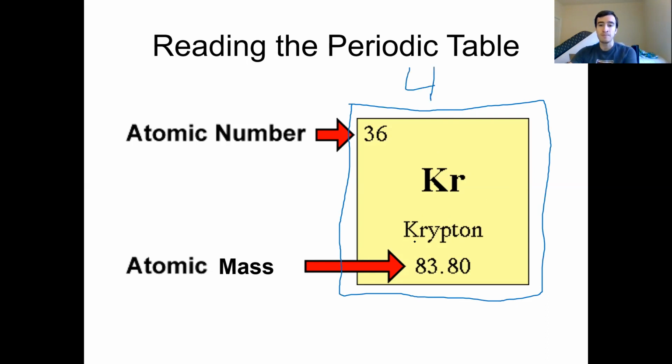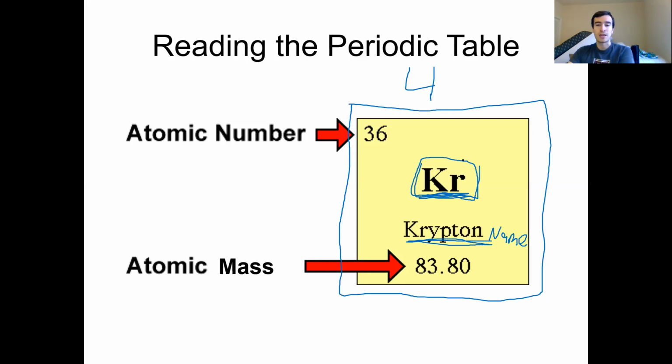We've got the name of the atom right here. So in this case, krypton is our little box on the periodic table that we're looking at. We've got the symbol of the atom right here. Whenever a scientist or a chemist wants to write down the atom, but is writing lots and lots of them, so just wants to give them a little symbol, they'll use this symbol on the periodic table.